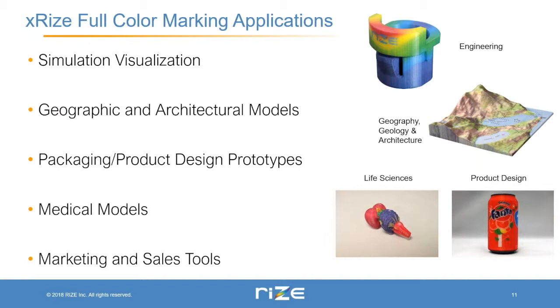It can also allow you to produce high fidelity packaging and product design prototypes. And it can also help with some different models, including medical models or marketing and sales models, which can be used as sort of sales tools.